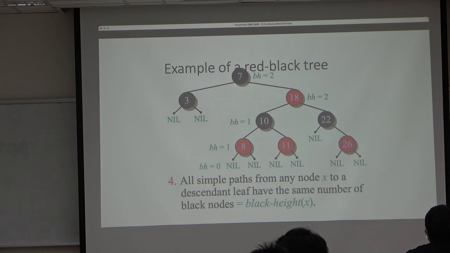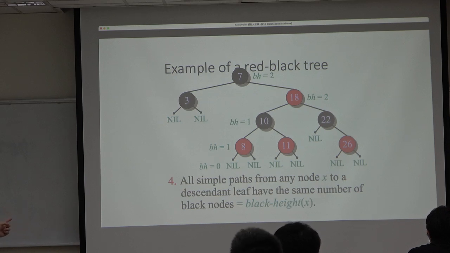For a binary tree, the number of leaf nodes is 1 plus the number of internal nodes. You can check it out. For this example, how many keys do we have? 1, 2, 3, 4, 5, 6, 7, 8. We have 8 keys.